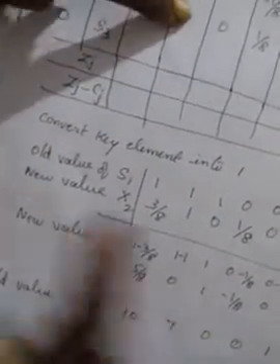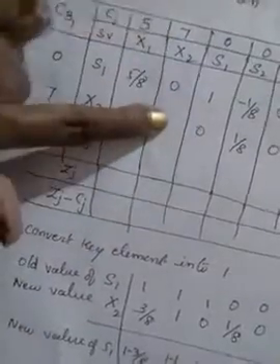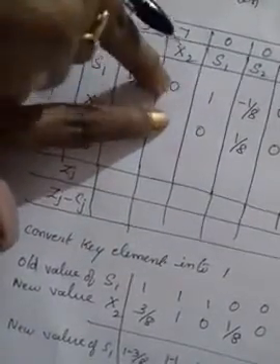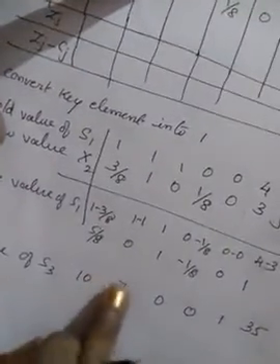Is it clear? Now I want this value to be 0, isn't it? Apart from the key value, which you have to convert into 1, the two other values we have to change into 0. So that's why we are subtracting from here to here to make it into 0.